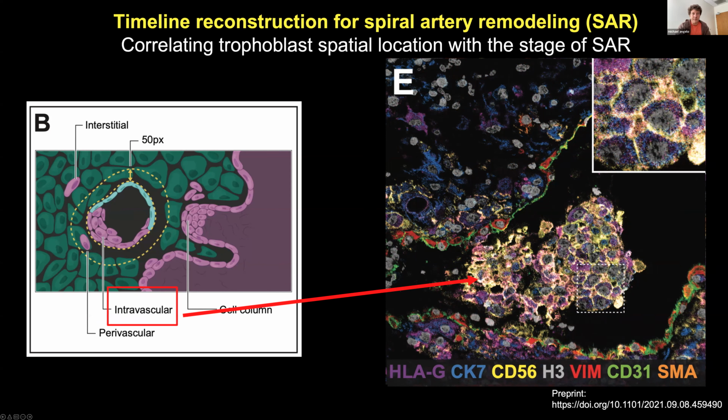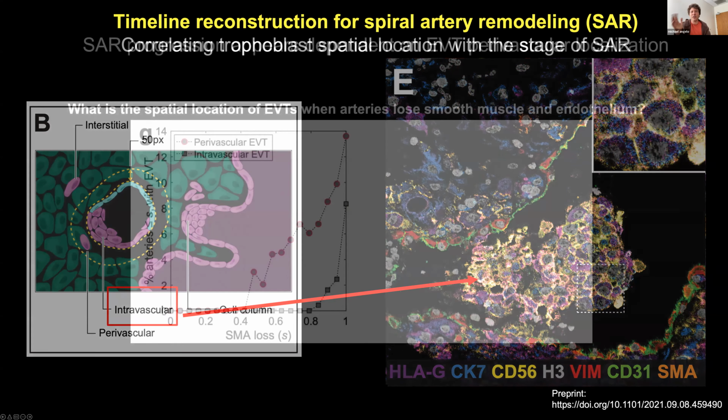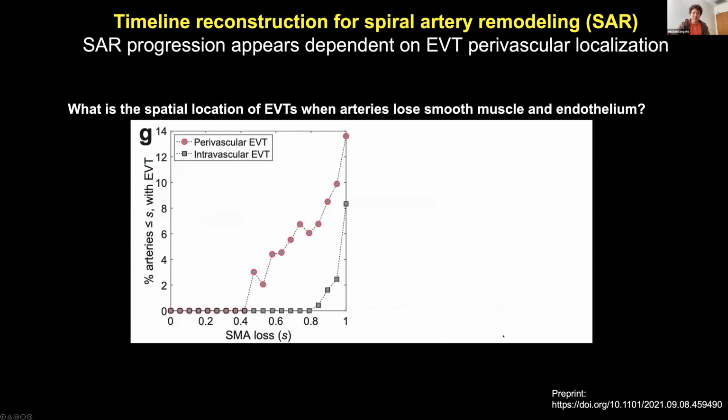So the first thing that we saw, spoiler, it looks to us, at least from the evidence that we have, not to say any of this is definitive, but all of the stuff that we see here seems to be most supportive of this intravasation pathway where it goes through the decidua and then into the arteries.